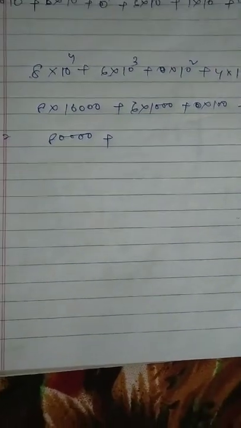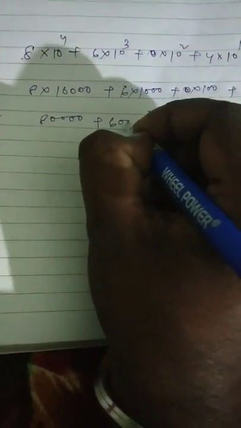So let us write in complete form now, children. 8 into 10,000 means 80,000 plus 6 into 1,000 means 6,000, plus 0 into 100 means 0, plus 4 into 10 represents 40, plus 5 into 1 represents 5.